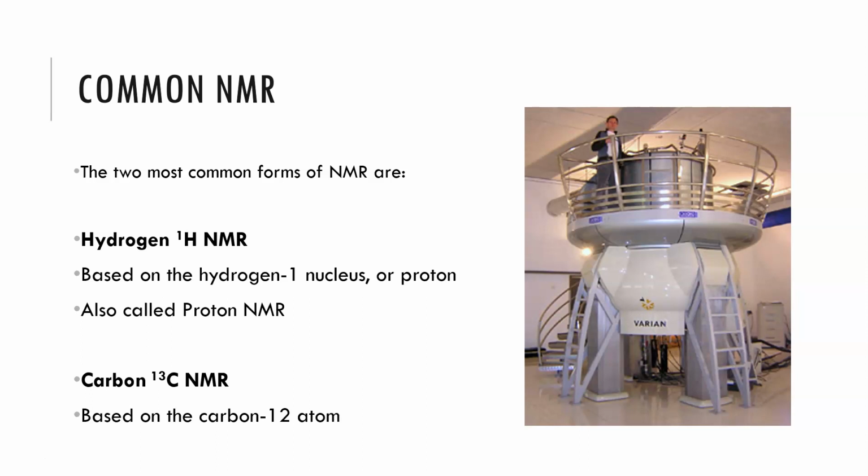The two most common forms of NMR, as I said, are hydrogen, so 1H NMR, and we refer to this as proton NMR, and carbon-13 NMR. Okay, so as we said, it needs to have an uneven number of nucleons. So carbon-13, the isotope of carbon-12, is able to be detected using these techniques as well.